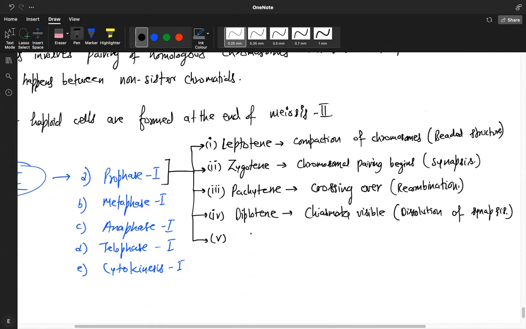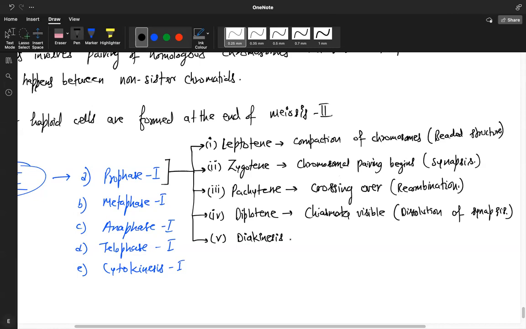Then what is the last? Diakinesis. What is diakinesis? It's the terminalization of chiasmata. Can you see that the word kinesis is here? Cytokinesis, karyokinesis, diakinesis. What does the word kinesis mean in biology? Division, something dividing, something getting separated, right? So here what is dividing is the chiasmata.